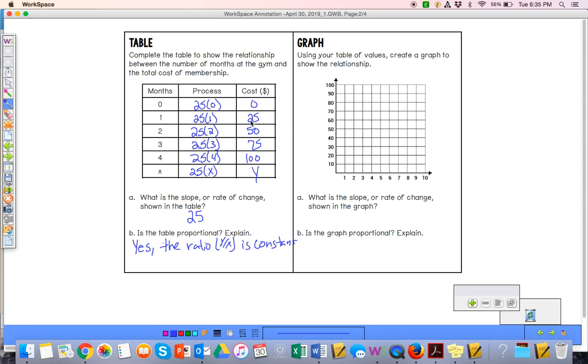So if we graph that information, at 0 months she has spent $0, so a point goes there. At 1 month she has spent $25, so we put a point at 25. Then we go 50, 75, and 100. And we connect our points.